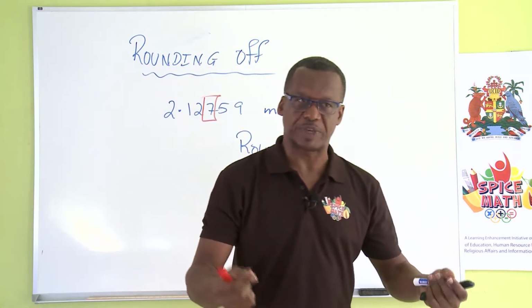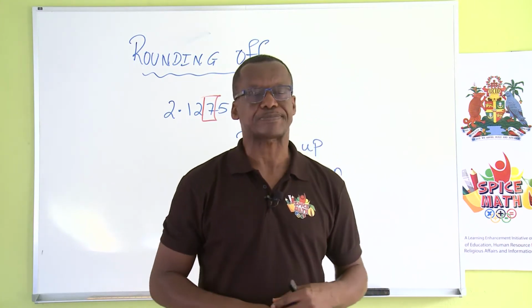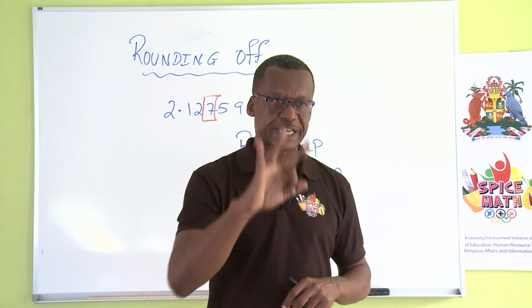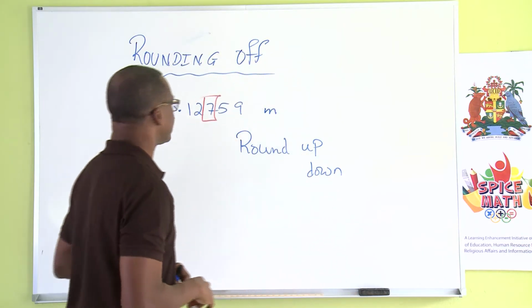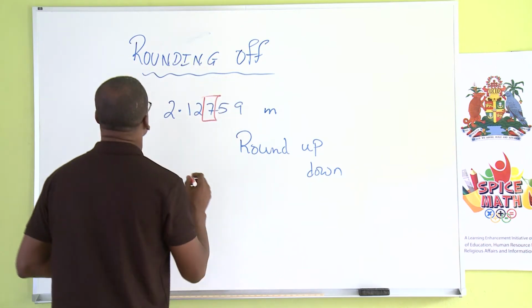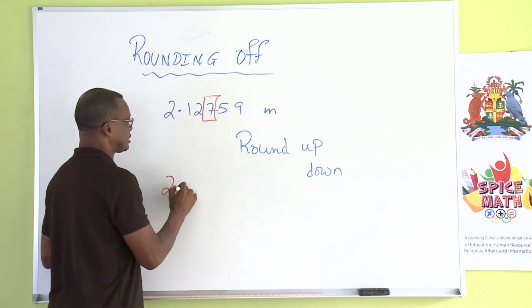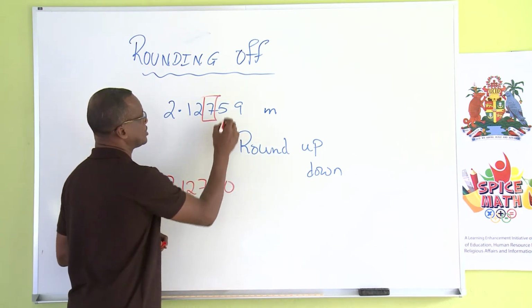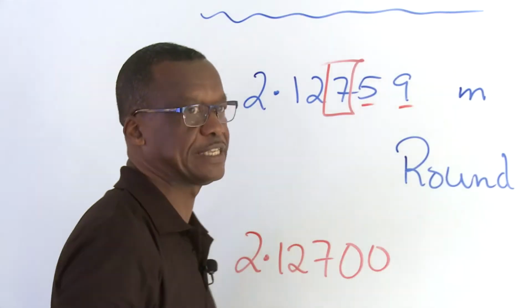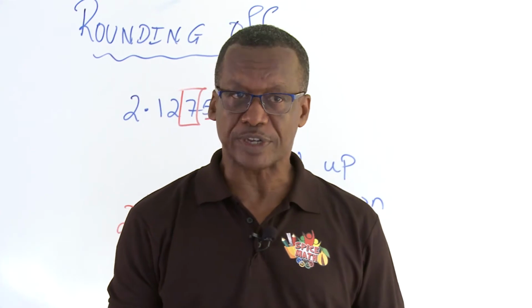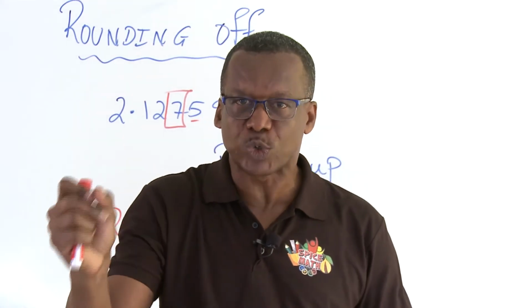How then does the process proceed? If we want to round up this number to 3 decimal places, the numbers on the right automatically become 0. So, the result is 2.12700 in place of the 5 and the 9. However, we ought to also consider what those numbers were before we turn them into 0.